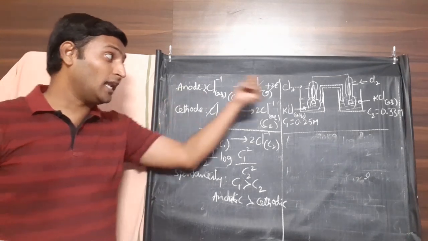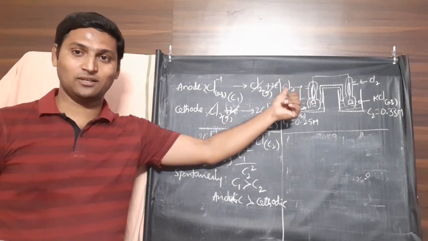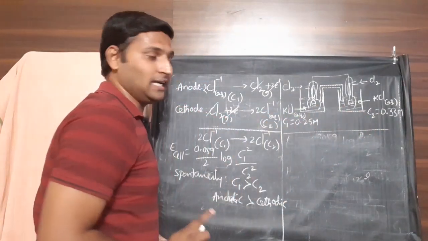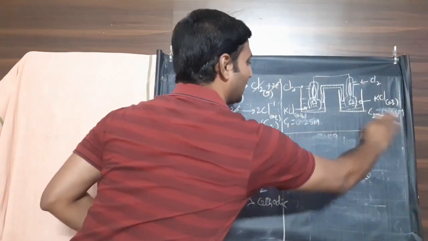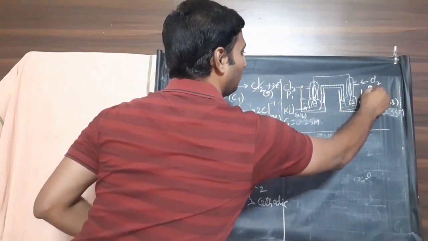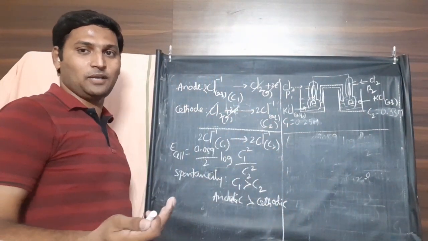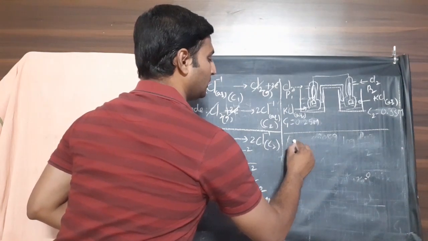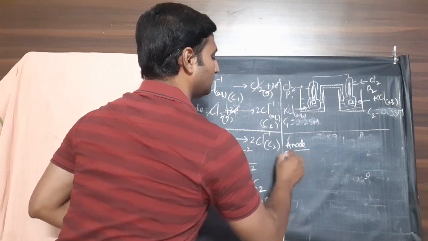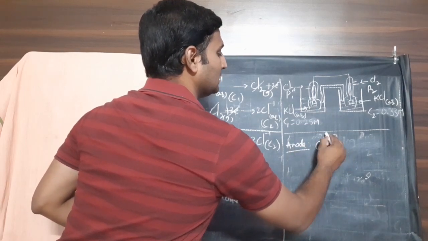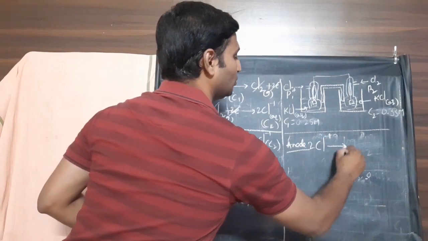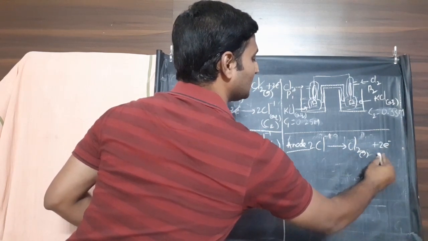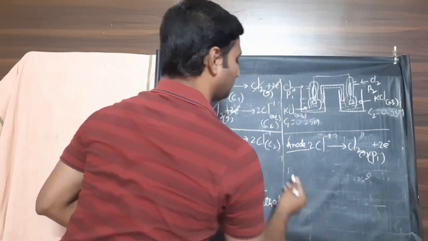Now, chlorine also is a gas electrode. Now, what if concentrations are constant and pressures are different? P1, P2. Let us see which pressure has to be larger. Observe here. As usual, in anode, Cl minus ion should lose electrons and become chlorine gas, which say has a partial pressure of P1.